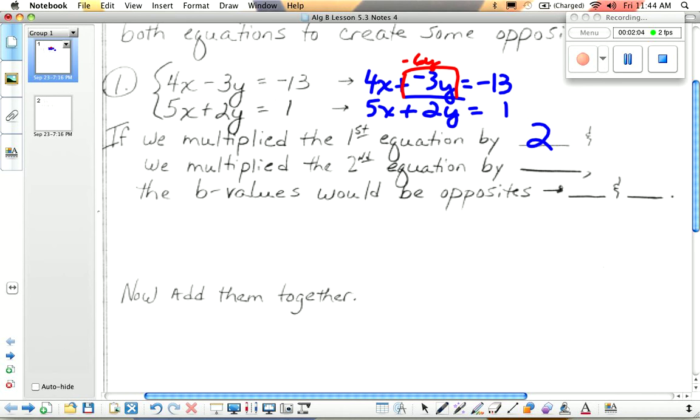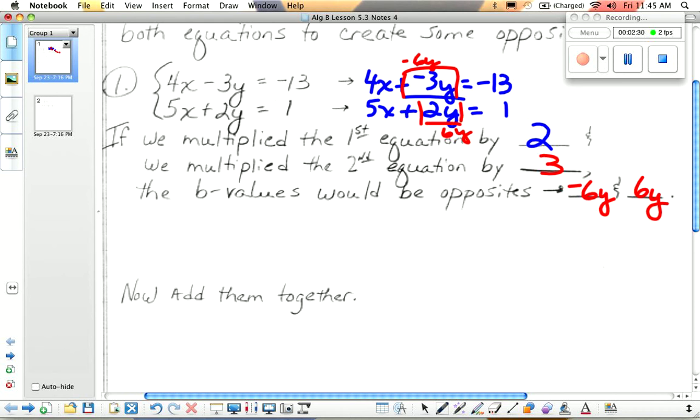We need this one to be the opposite. Yes, multiply the second equation by 3, because that 2y is going to become a 6y, and we will have created our opposites, won't we? Our opposites would be negative 6y and positive 6y.